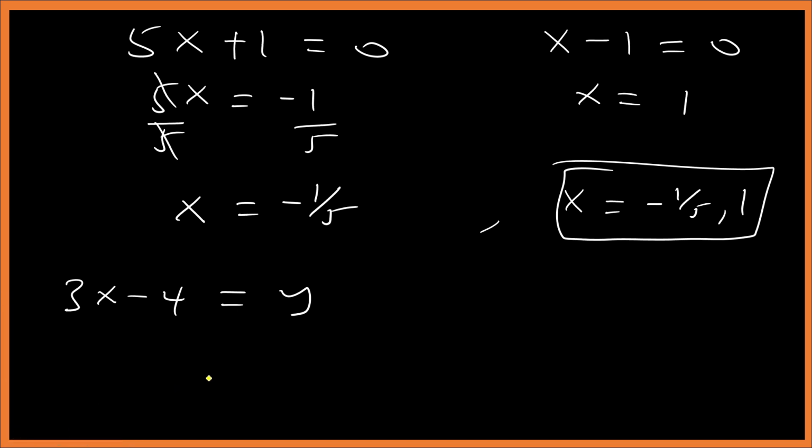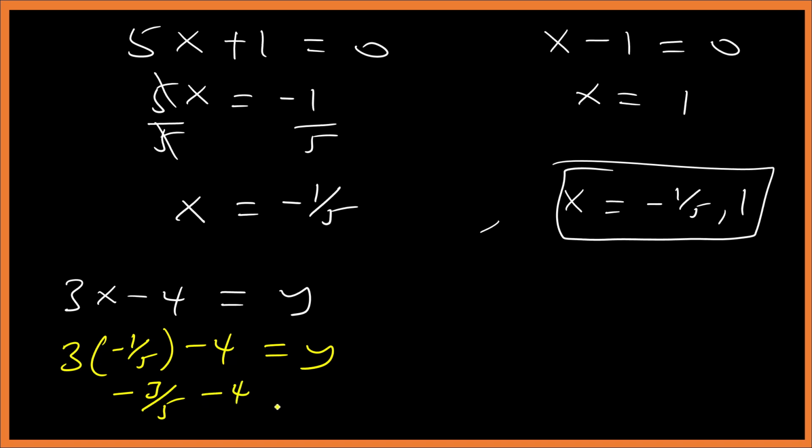When x is minus 1 over 5, we have 3 times minus 1 over 5, minus 4. We can make this side over 1.